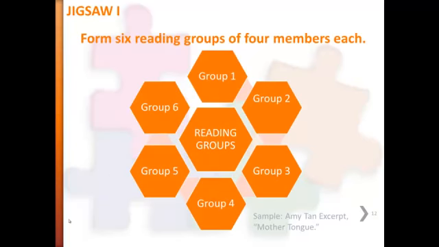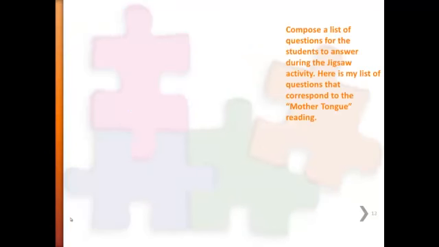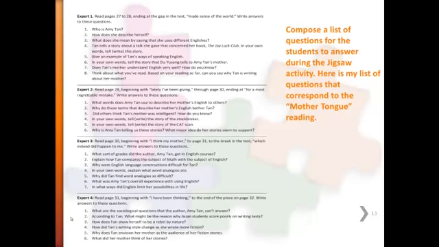For Jigsaw 1, form 6 reading groups of 4 members each. Compose the list of questions as I have just shown you in slide 11 for the students to answer during the jigsaw activity. Also prior to class, I created questions which correspond to each of the sections of the reading. Here I have composed 4 groups of questions, one for each reader in the group.